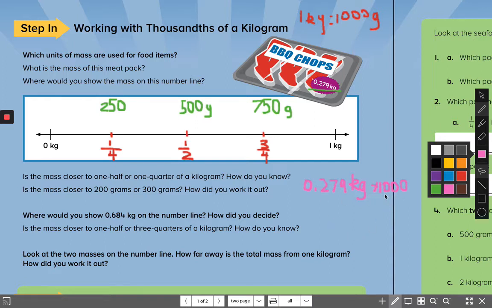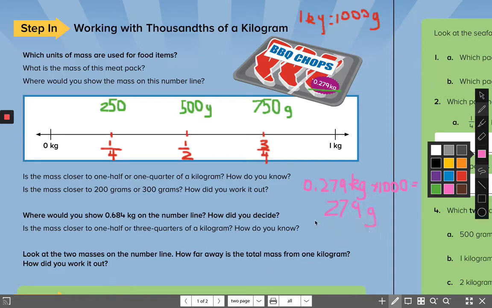We know that 1,000 has got 3 zeros, so we basically need to start at the decimal point and move 3 spaces. 1, 2, 3, and that's how we're going to arrive at 279 grams.